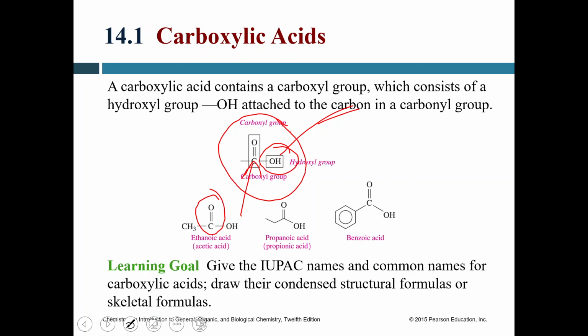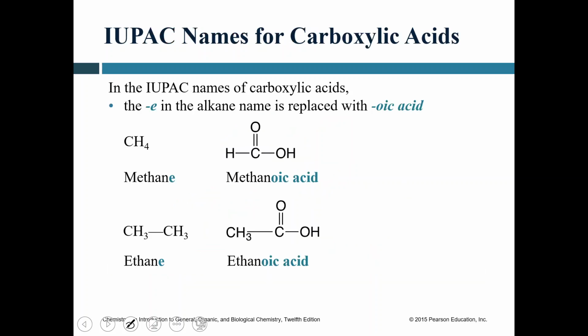Here you can see three examples of carboxylic acids: ethanoic acid, also known as acetic acid; propanoic acid, known as propionic acid; and benzoic acid. First, we need to learn how to name those acids.